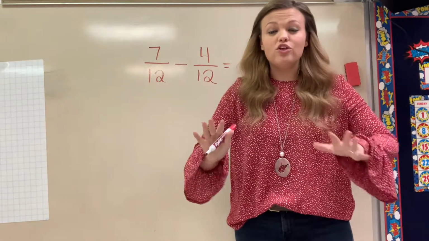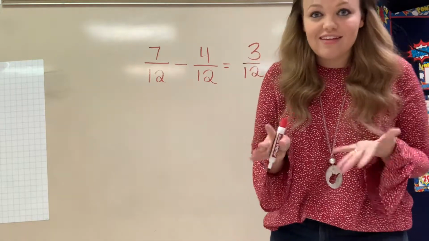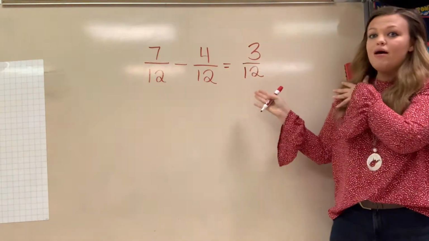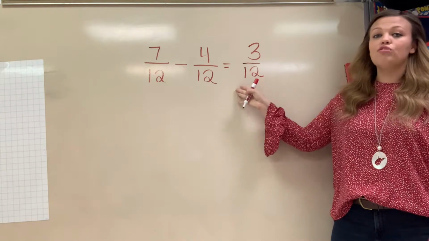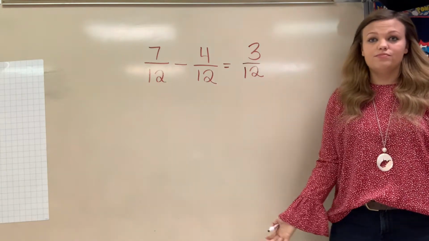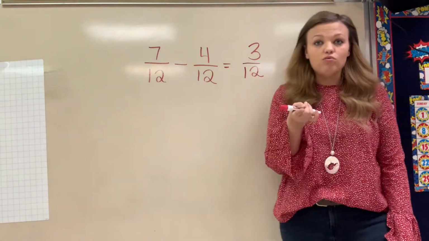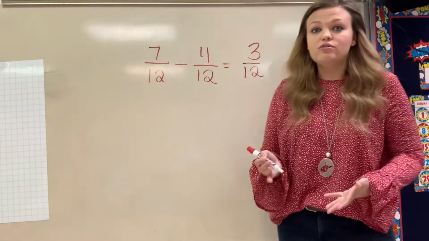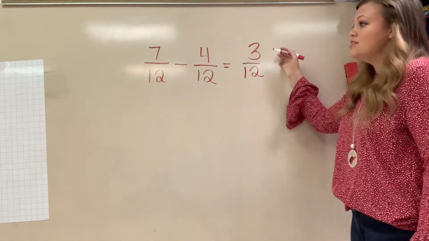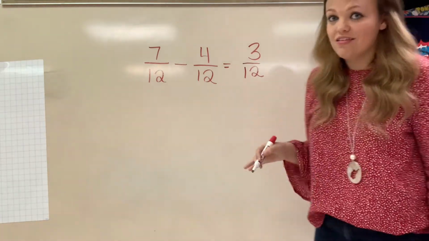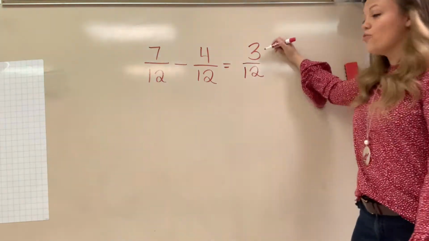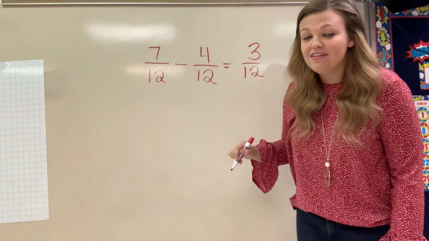Now remember, when you get to the end of a fraction problem, you need to say to yourself, is there a number that can go into both 3 and 12? And one thing that I told you in our reducing lesson, check first to see if the numerator goes into the denominator. Does 3 go into 12 evenly?